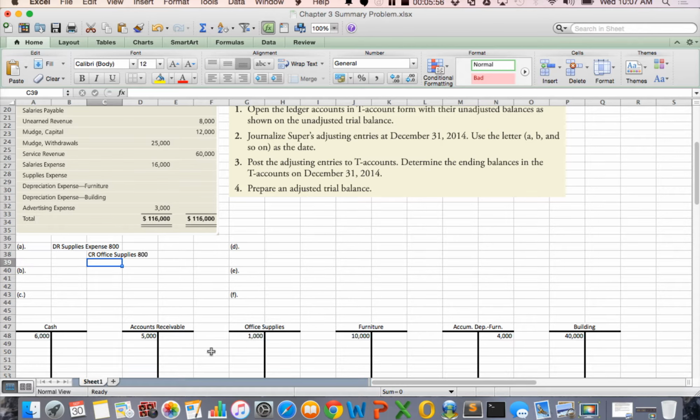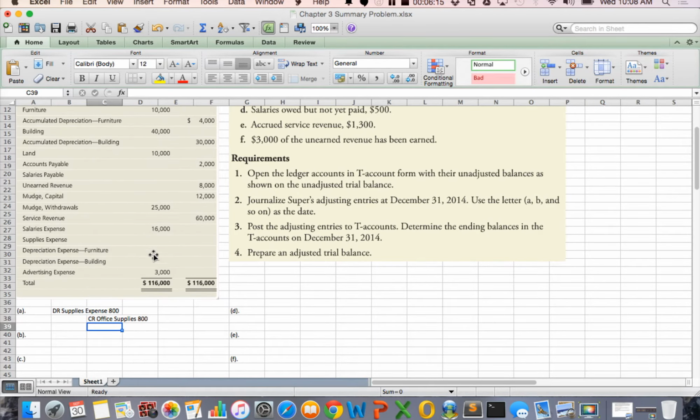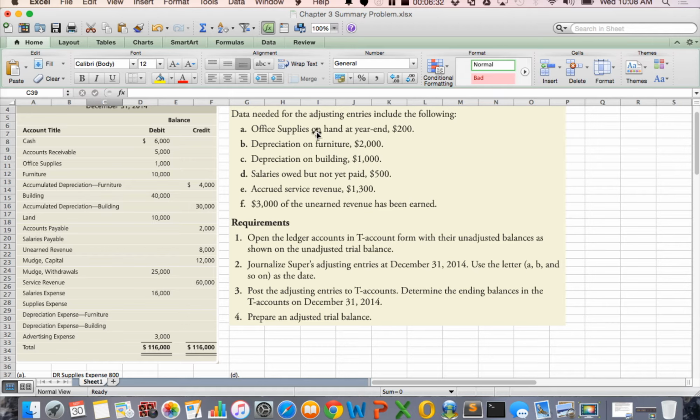This entry right here will end up putting $800 on the right side, and that will leave me with a $200 debit balance in office supplies, which is what this is telling us right here. Okay? So any questions on how I got either the numbers here for the amount that I used, or what the journal entry looks like? I meant to make you guys tell me the answer here, but what type of adjusting entry is this one right here that I just did?